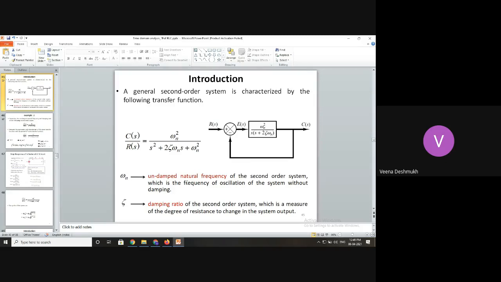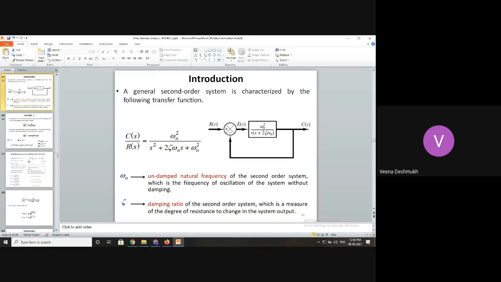So the oscillations are dependent on the value of L and C, and the level of overshoot or the damping is dependent on R, L and C.